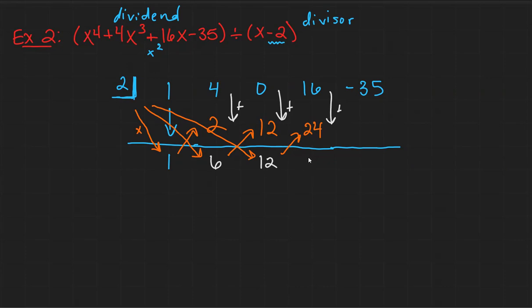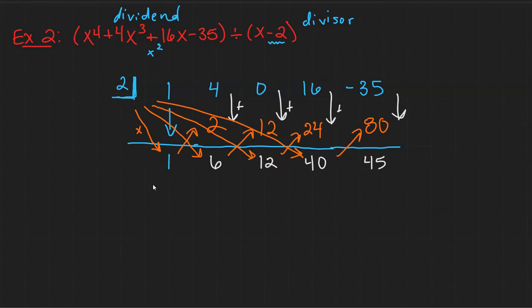That's going to be 40. I almost said 30. 40. One last time. 2 times 40, that's going to be 80. Add downward. 80 plus negative 35, that's going to be a positive 45. Right? Yes. Okay, and we're done. Okay, look how fast that was.